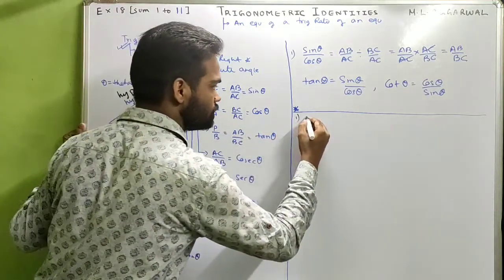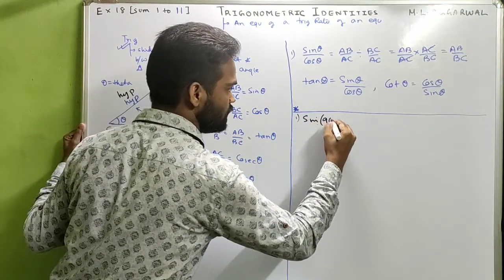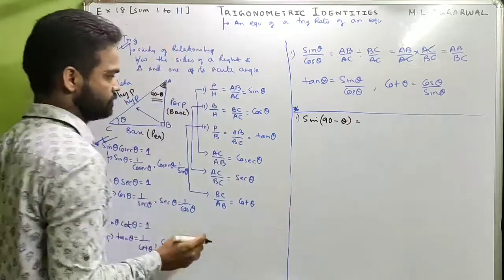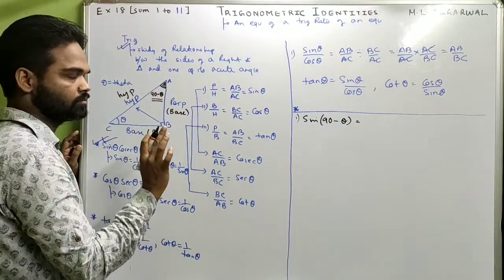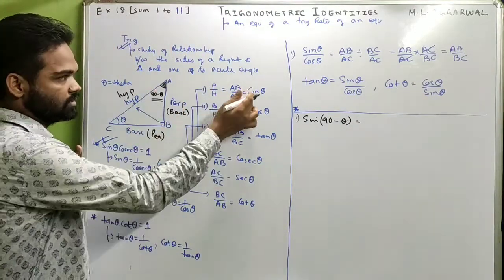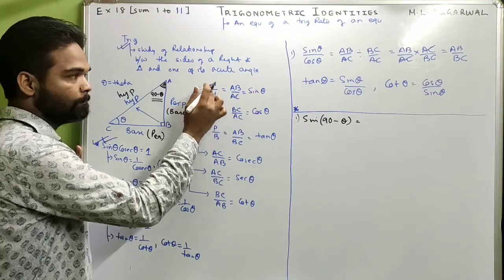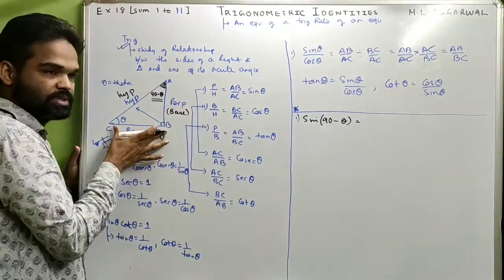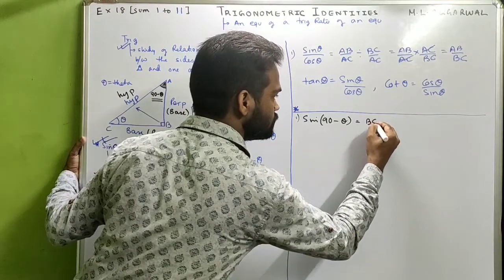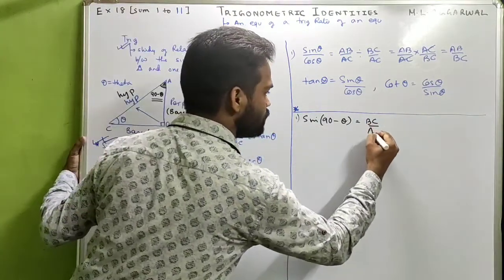Which means, look over here, sin of 90 minus theta, if I want to find sin of A. Okay. See, perpendicular by hypotenuse. Perpendicular is BC. Hypotenuse is fixed, AC.